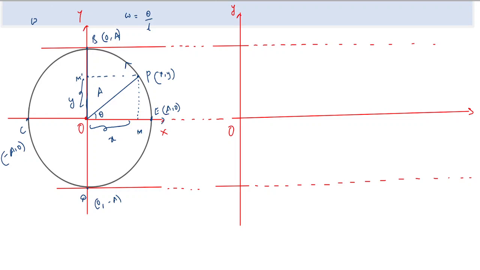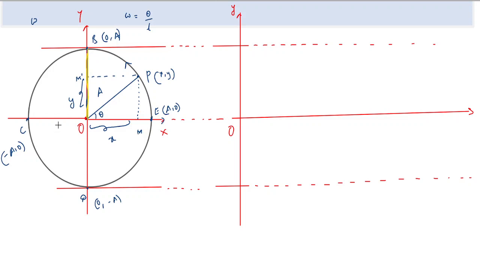When the particle goes from point B towards point C, y will decrease. When the particle comes to point C, y would be 0. So for one semicircular motion, that is, the particle moving from point E to point C, the value of y has increased, become maximum, and then decreased again.